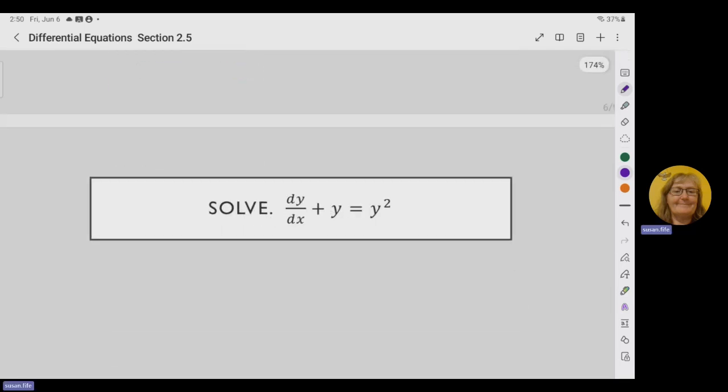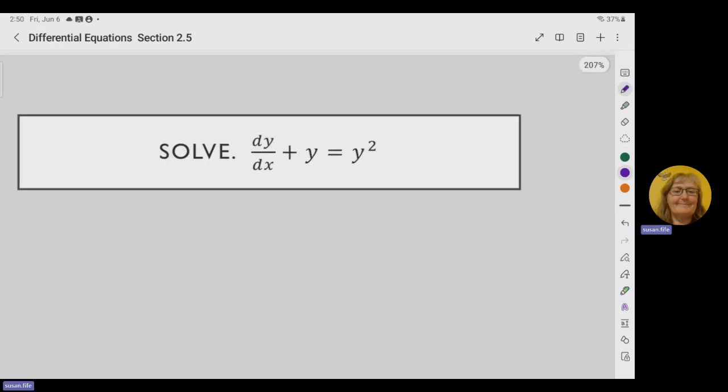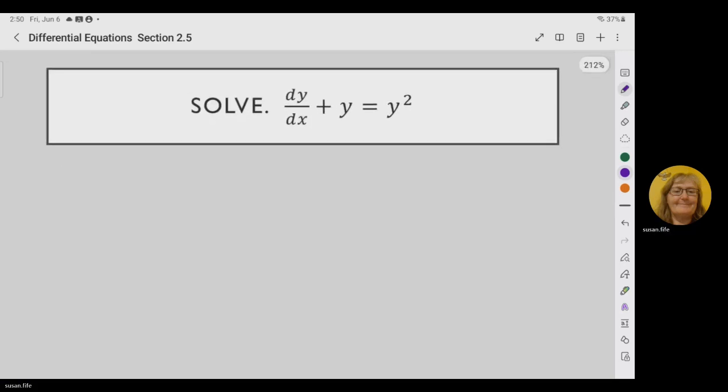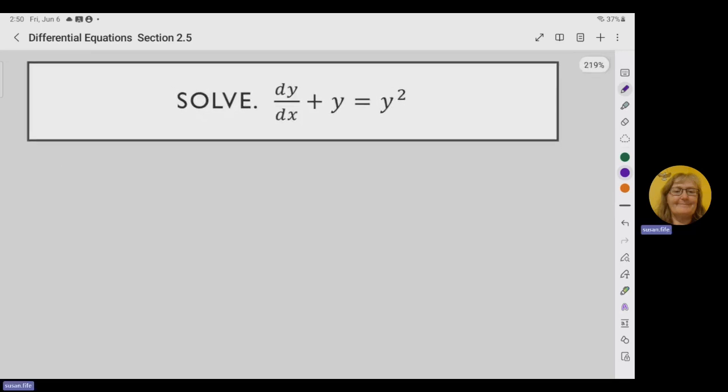Let's work an example. Here's our example. dy dx plus y equals y squared. Notice that we have our derivative plus p of x times y equals q of x times y to the n power.